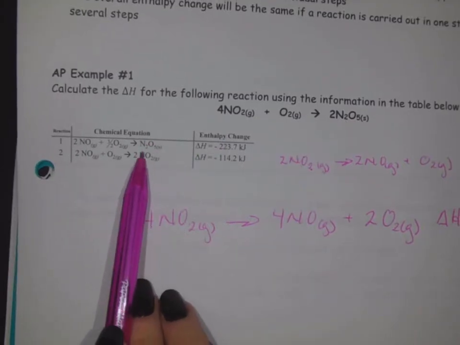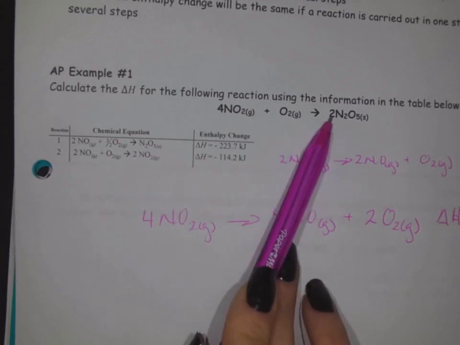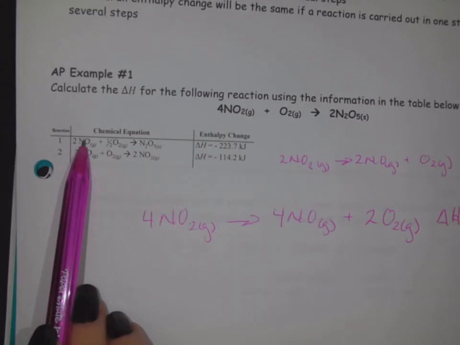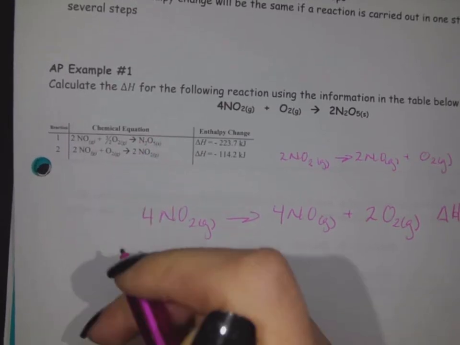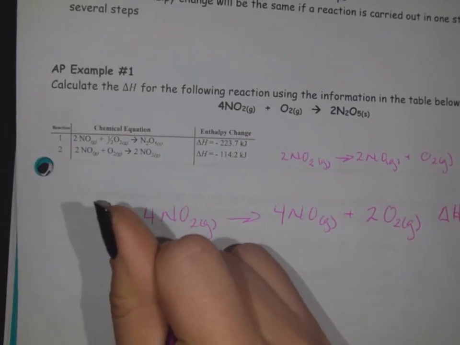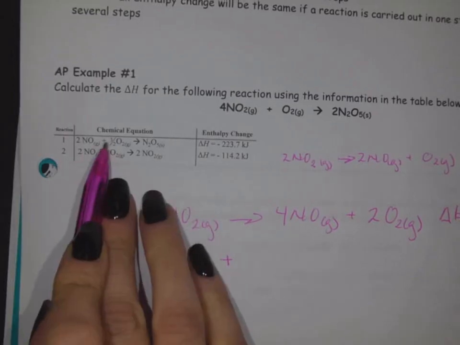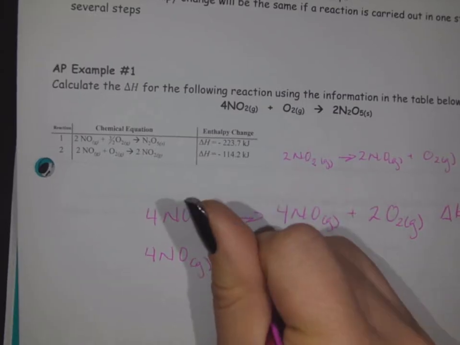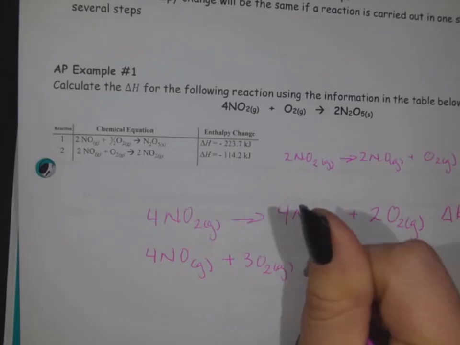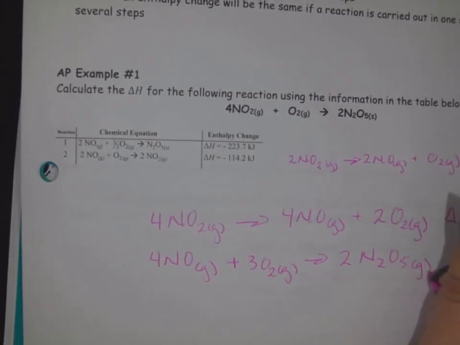The only difference is that in the reaction I have a coefficient of 1, and I want to end with a coefficient of 2. So I'm going to double this entire reaction, but I'm not going to take the reverse of this. So I'm going to have 4 nitrogen monoxide gas plus, if I have 3 halves and I double that, then I would have 3 O2 gas turn into 2 N2O5 gas.